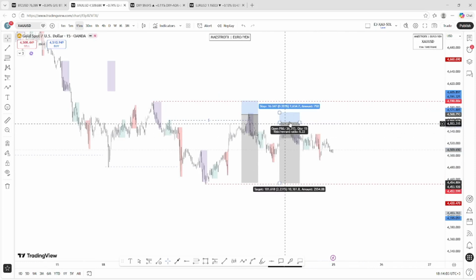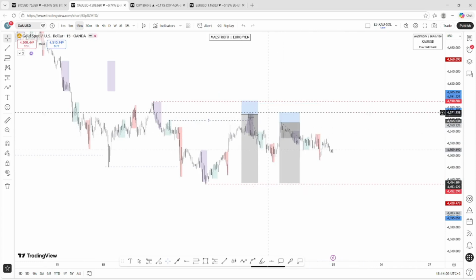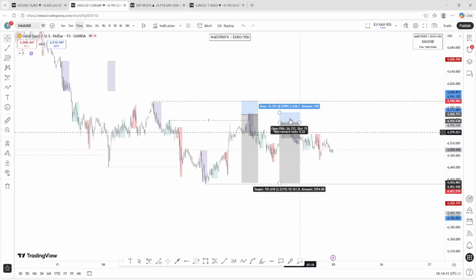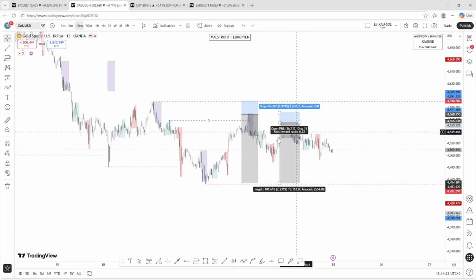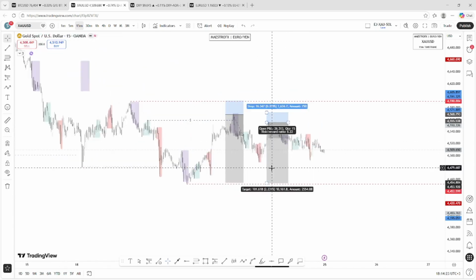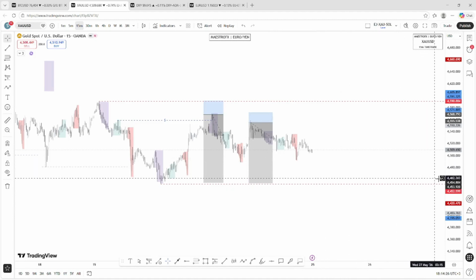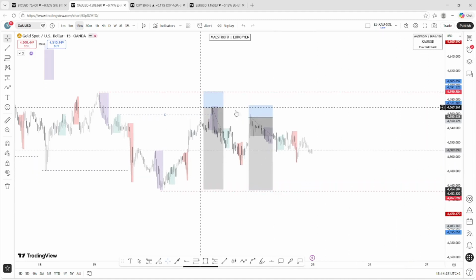Again, this setup, the retracement to the premium level, wasn't really favorable. Currently I am watching these two levels.